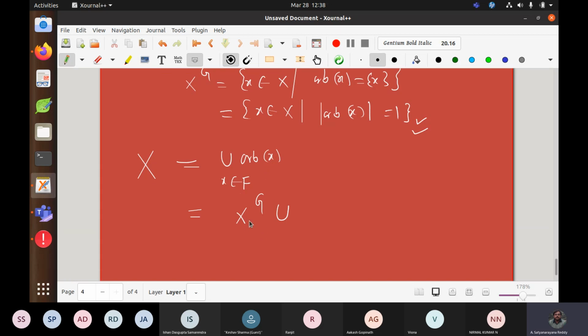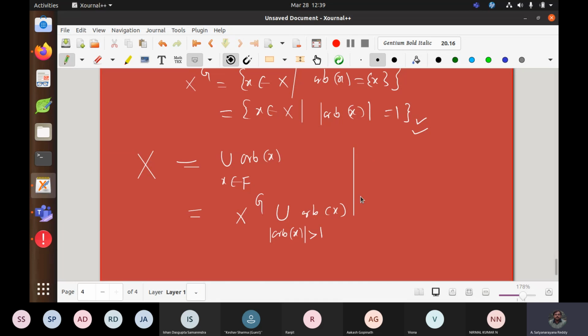All those orbits which are singletons are collected. It is not one orbit, it is a union of many orbits, but all the orbits are of size 1. Union, orbit of x where the orbit size is greater than 1. Like that also we can say.